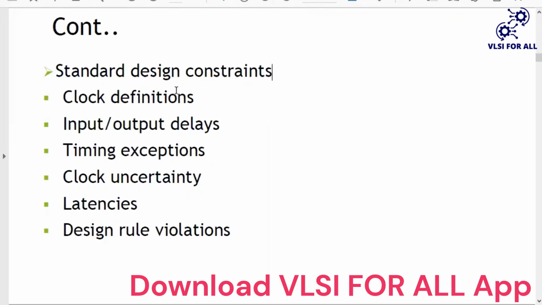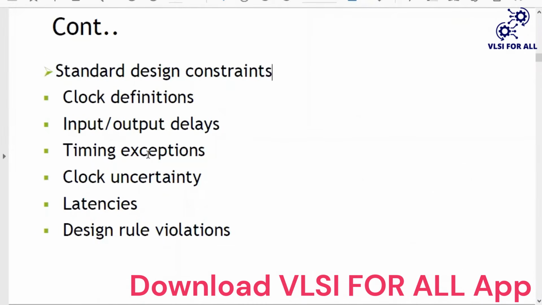Those clock definitions are available. Next one is the input and output delays. It is not related to standard cells or combinational cells. It will be related to the clock cells in our design. It defines how much the input delay and output delay are.